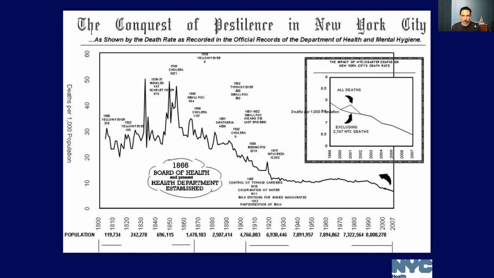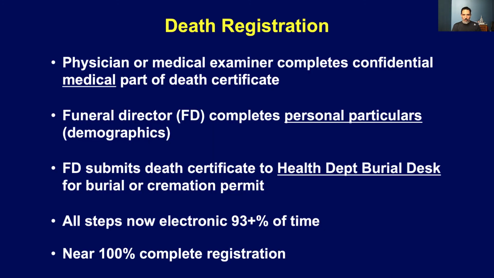And this gets back to the graph that we showed. But what actually happens with death registration in a vital registration jurisdiction? Well, in New York City, we have mandatory death registration. A physician or a medical examiner who attends the death completes part of the death certificate called the confidential or medical part, and then a funeral director completes the part of the death certificate called the personal particulars, or the demographics part.